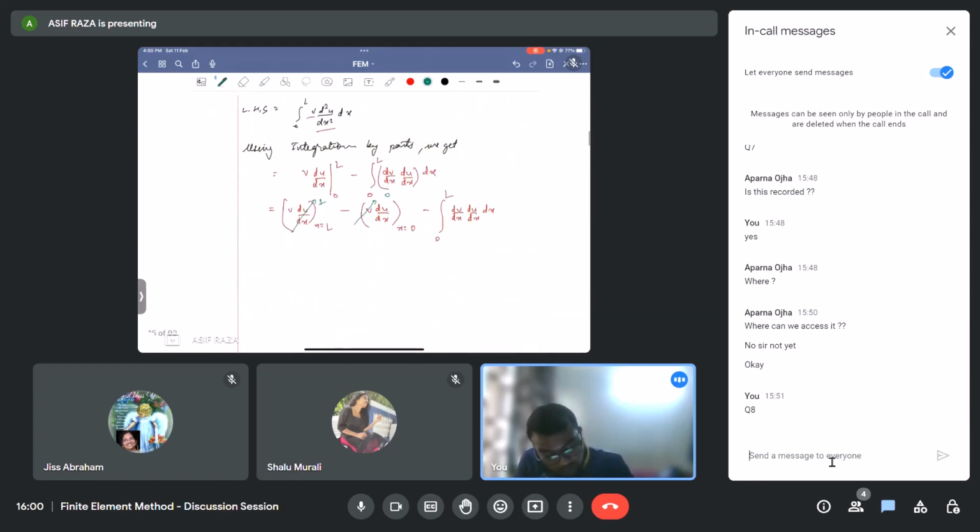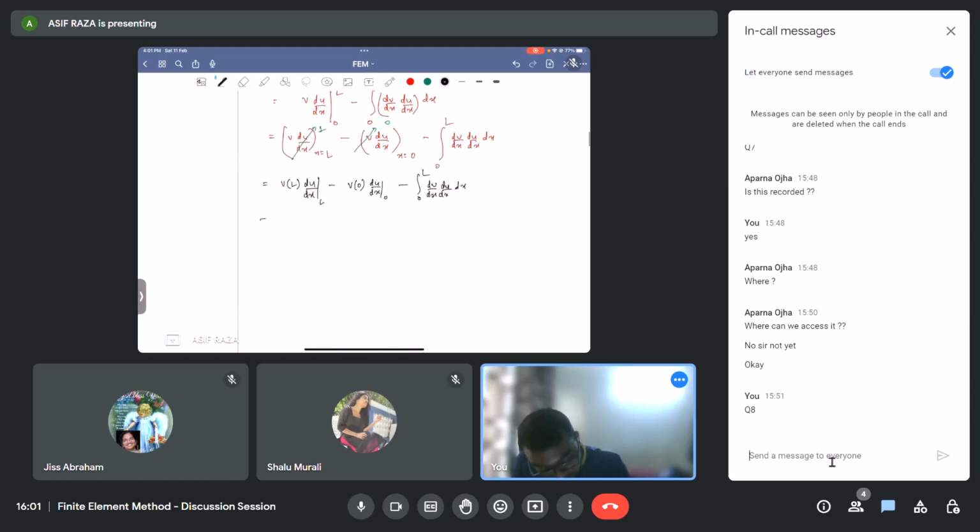So this can be simplified as V at L. I better write it in a more simplified way: V at L minus V at 0 du by dx at 0, minus integral 0 to L dv by dx du by dx.